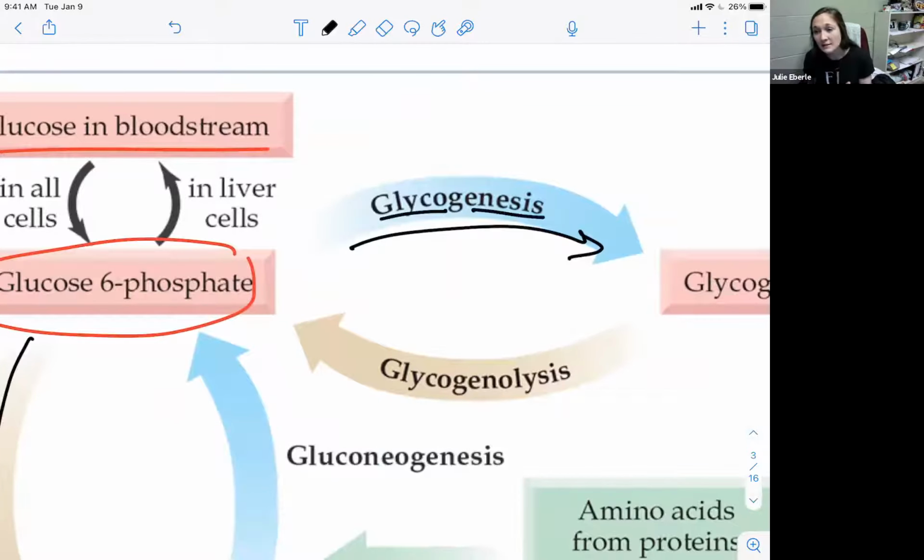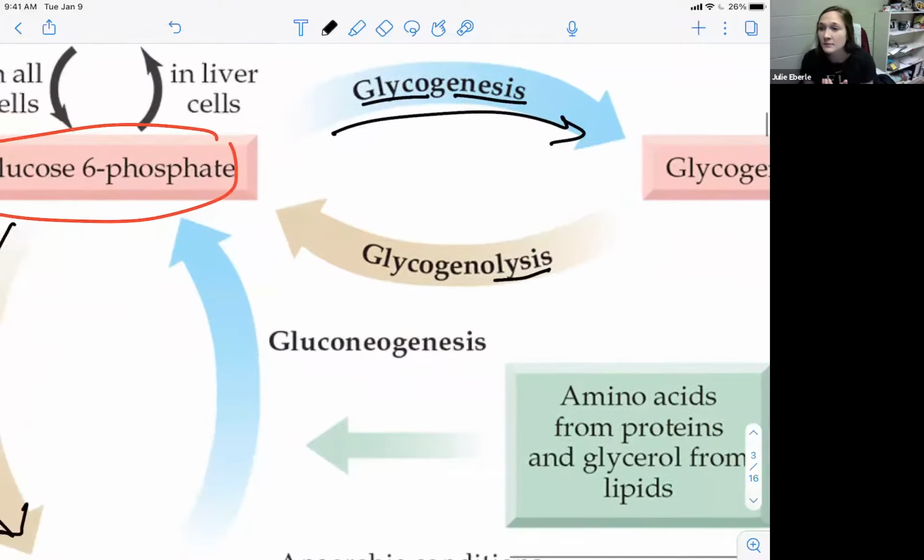Okay, for example, glycogenesis. You'll see the word genesis or lysis. So think about the word genesis. Genesis is a word for creation. So glycogenesis is the creation of glycogen. Lysis, we are familiar with hydrolysis. That's a word we've used a lot that has lysis in it. That's the breakdown of something.